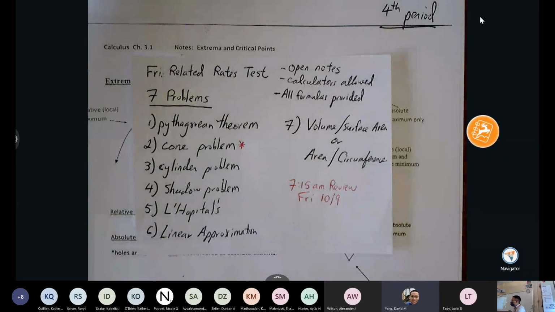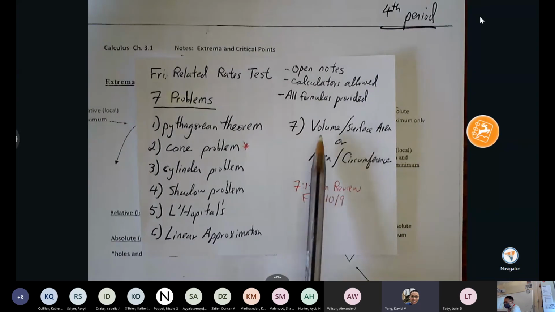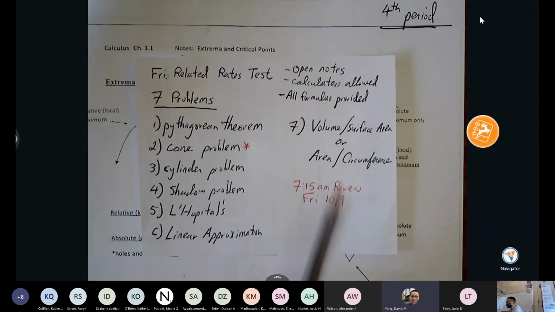You'll see a Pythagorean theorem problem, a cone problem, cylinder problem, shadow involving similar triangles, L'Hopital's rule, linear approximation, and then either a volume paired with surface area, where you have to find the derivative of both equations, and plug in and find the missing piece of information, or area and circumference of a circle, find the derivatives of both equations, and piece the puzzle together to figure out the missing variable.